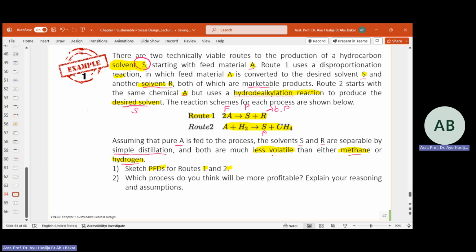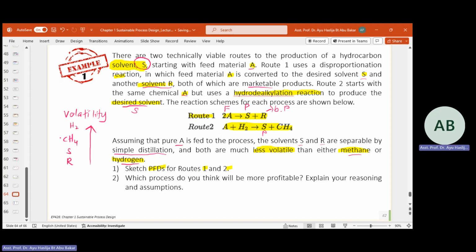Okay, in terms of volatility, we assume this.